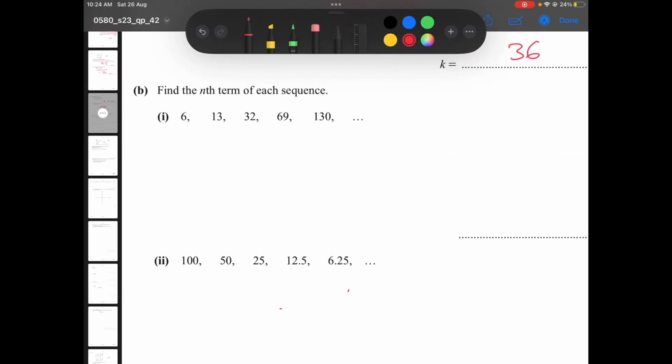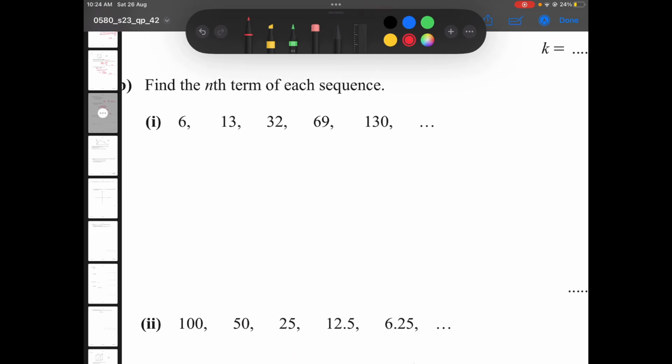Find the nth term of each sequence. Okay, so for this sequence, we have to find the common difference. 32 minus 13 is 19, 69 minus 32 is 37, and 130 minus 69 is 61.